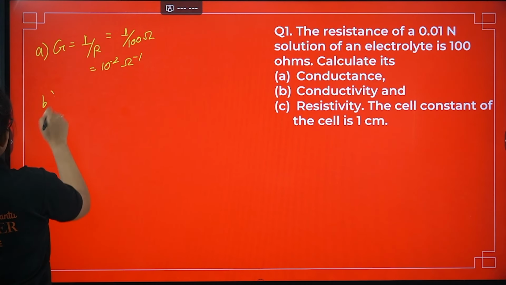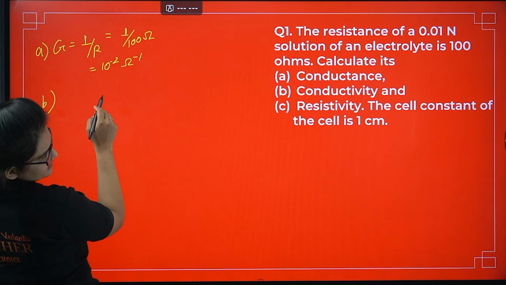Next, B, we have to find out the conductivity.